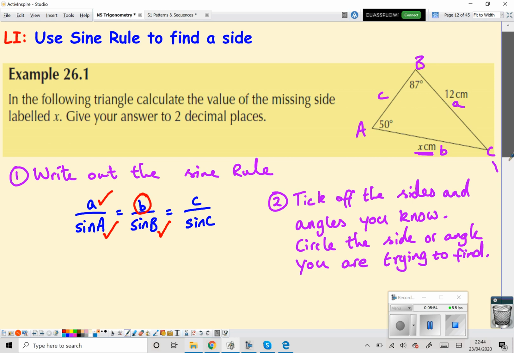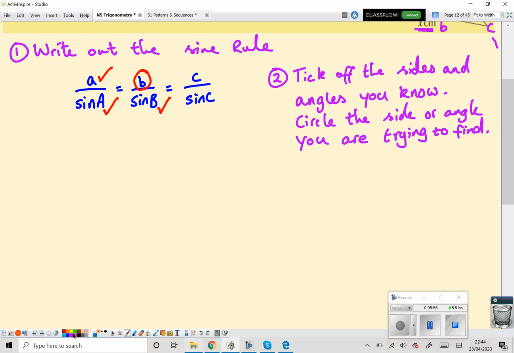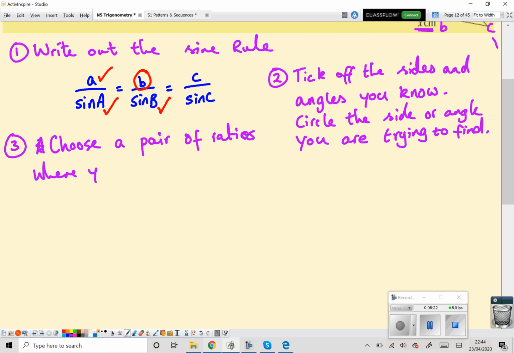And what you're looking for is a pair of ratios, right? So let's try that out in full. What you're looking for is to choose a pair of ratios where you know 3 out of the 4 pieces of information.